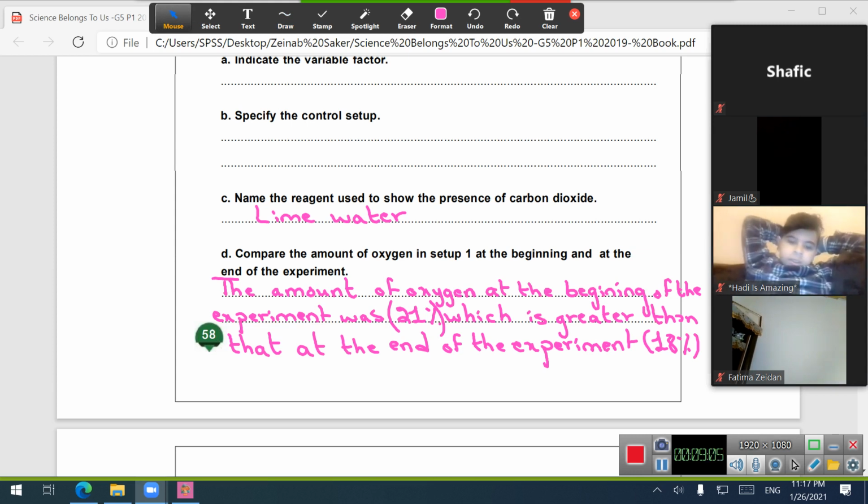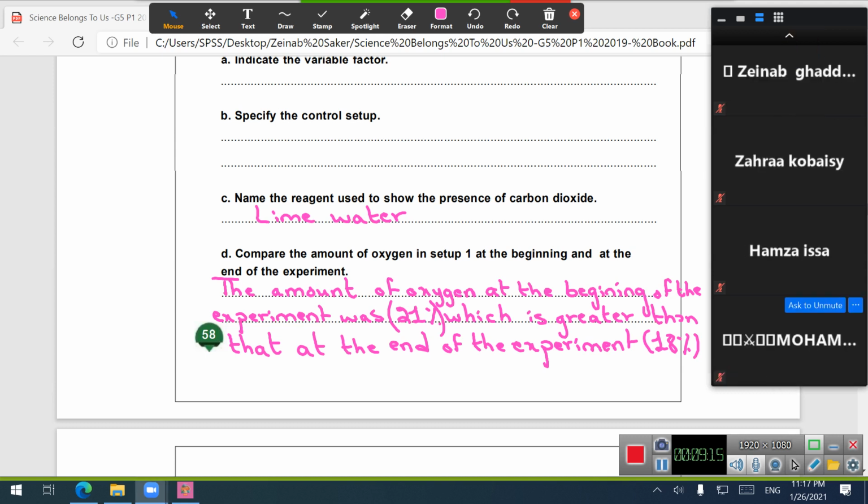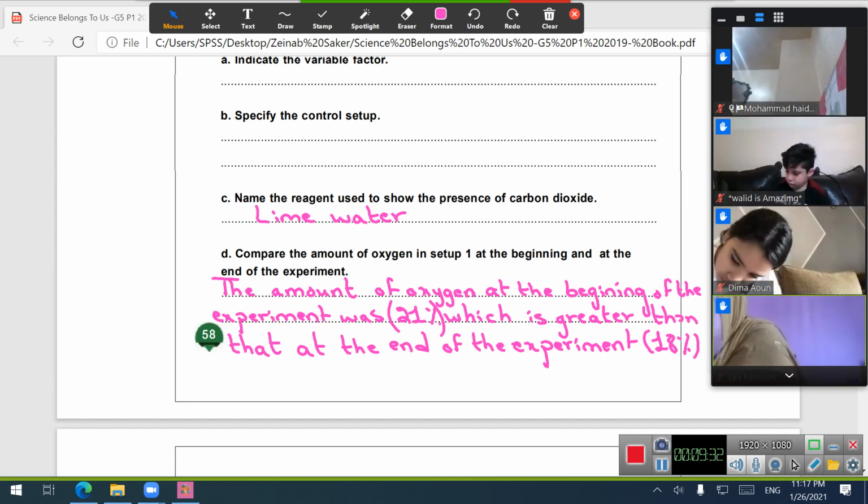The amount of oxygen decreases in setup 1 because of the respiration process that takes place in the presence of the green plant, which is a radish plant, a living thing. While in step 2, no change takes place because there is no living thing or green plant in the container.